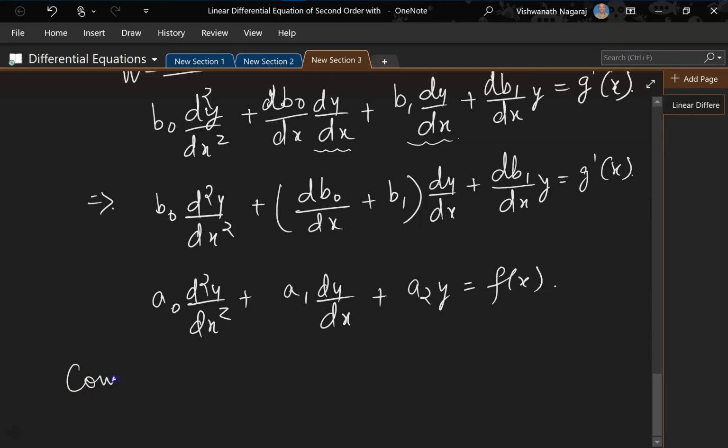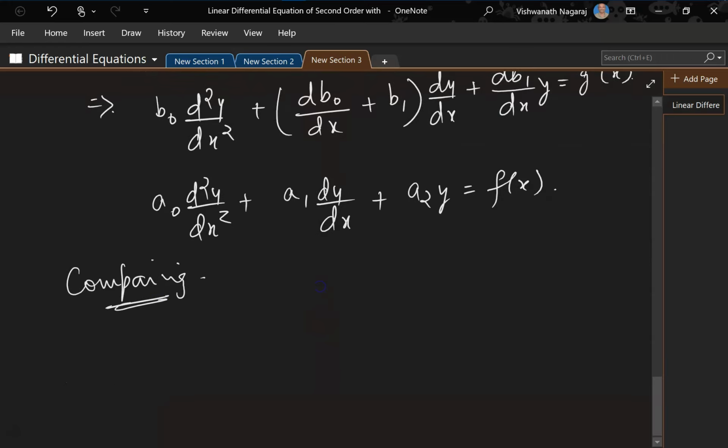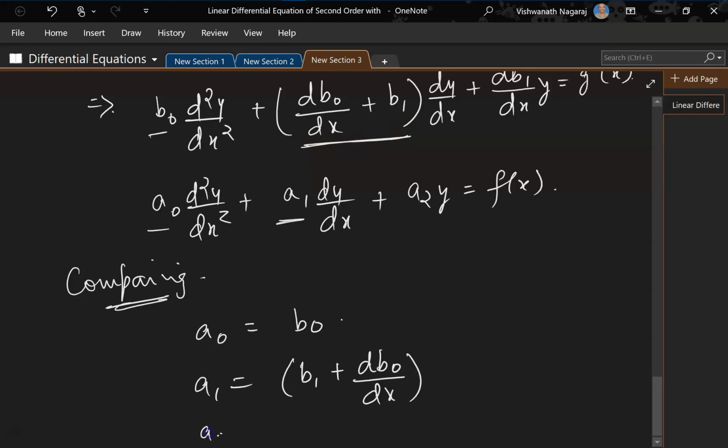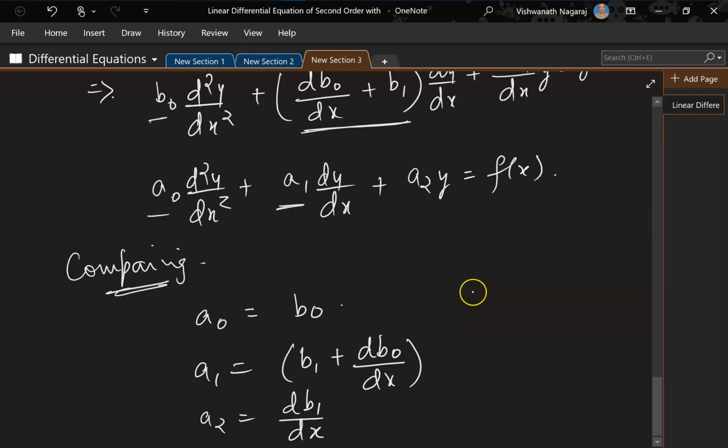Let's do a comparison pairing. We get a0 is equal to b0, as they are both equal. a1 is equal to b1 plus db0/dx. a2 is equal to db1/dx, and f is equal to g'.